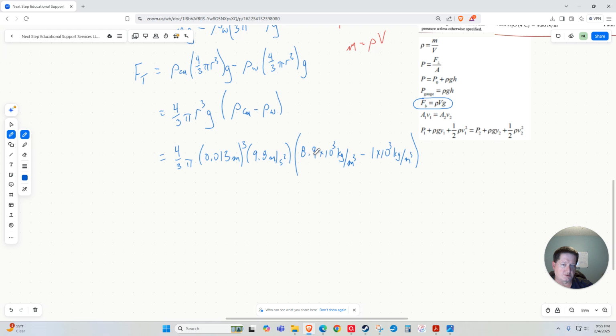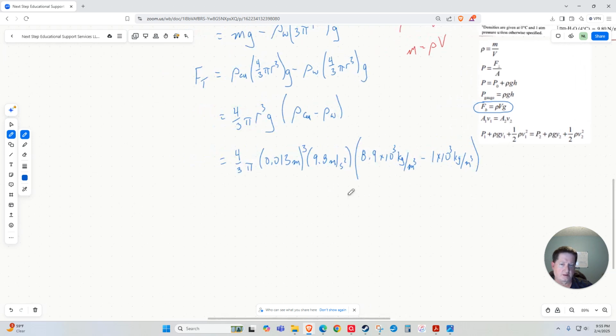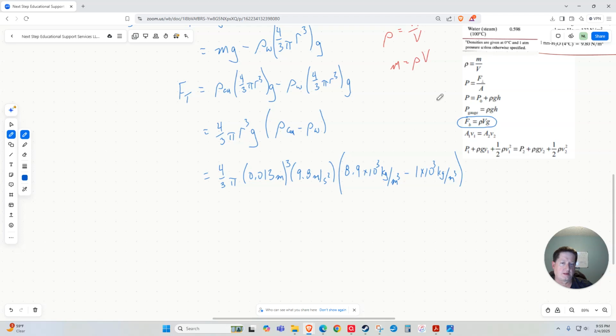Now this here is essentially 9,000 minus 1,000, about 8,000. That's going to be a really small number. So let's go ahead and grab a calculator to see what we get. Okay, after punching that into our calculators, we get approximately 0.71248-ish newtons.